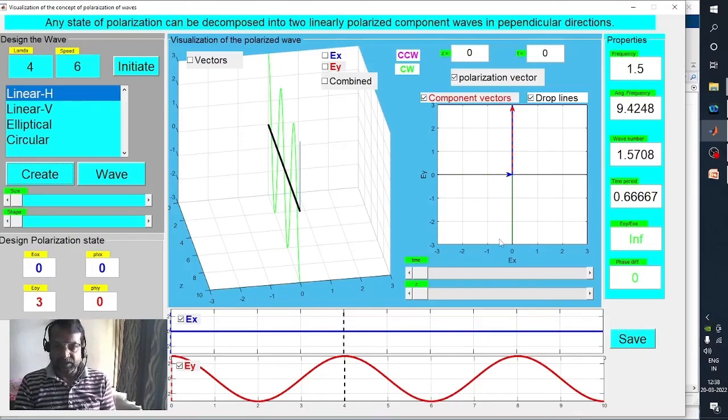I had done this visualization in my last video also. If you are interested, please go back and check that video. One can think of other angles.